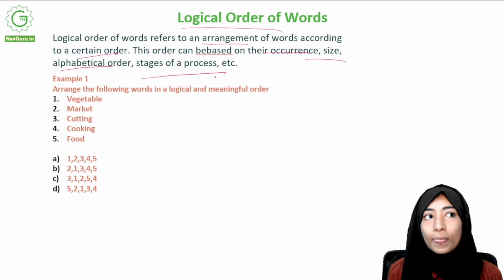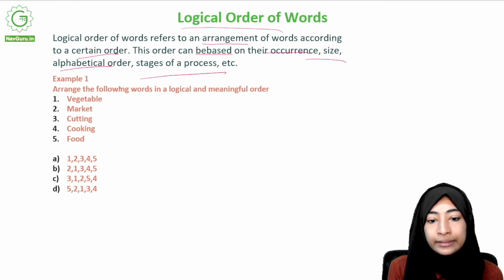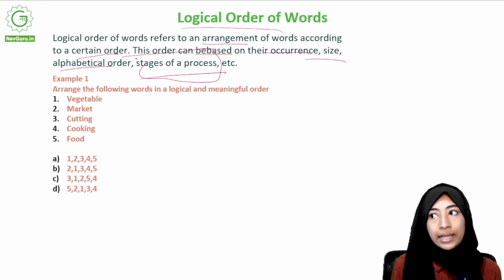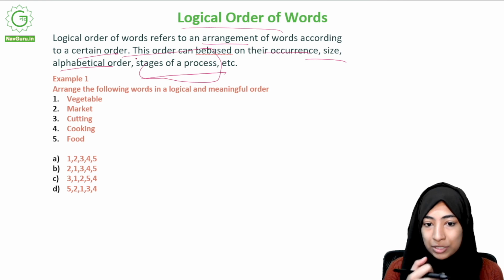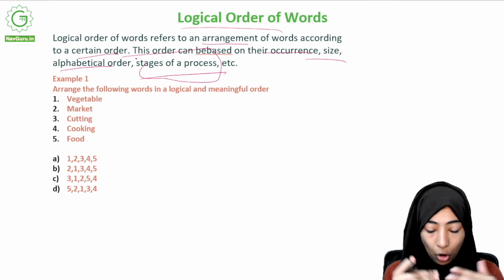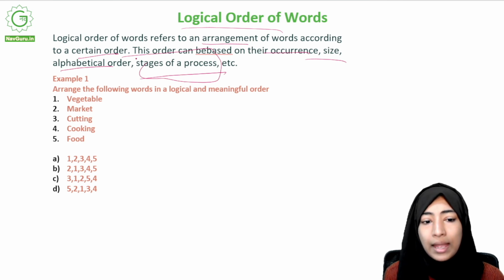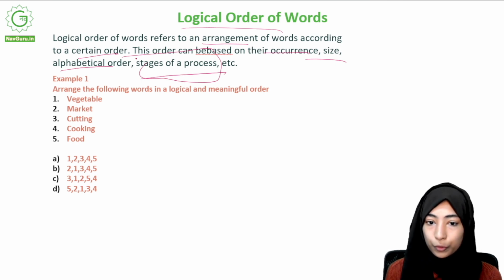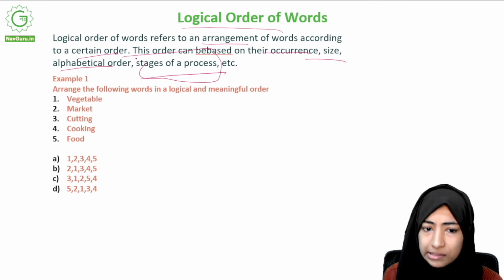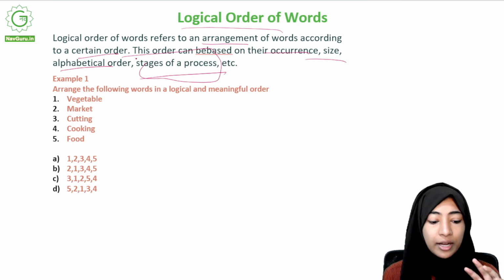So for example, I'll take you through one of these, stages of a process. So let us say about a plant becoming a tree. Based on the processes, you might have to order it based on that. And then alphabetical order, just order it in the way that you see it in a dictionary. In the same way, occurrence, right? What do you see first?